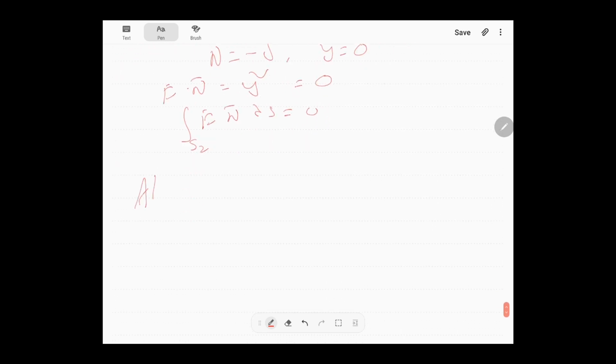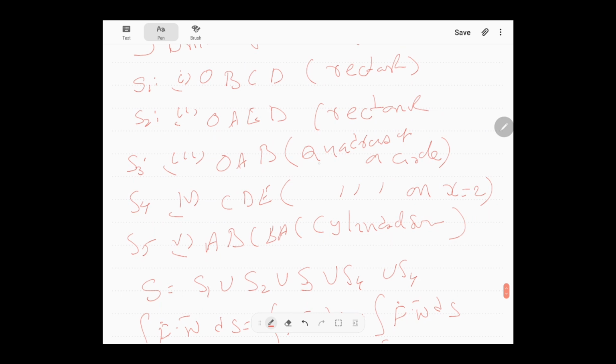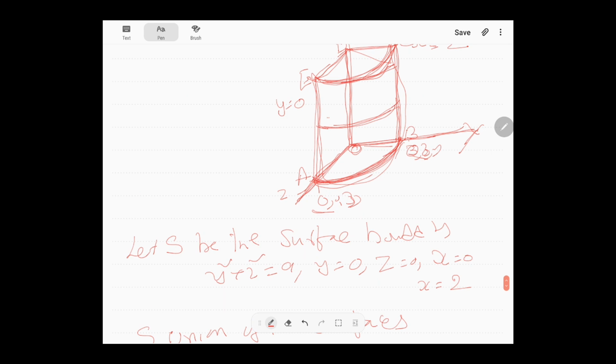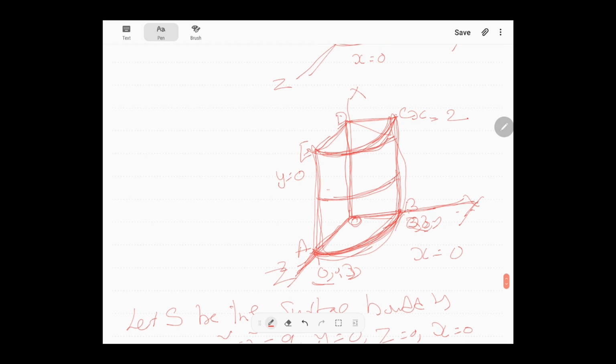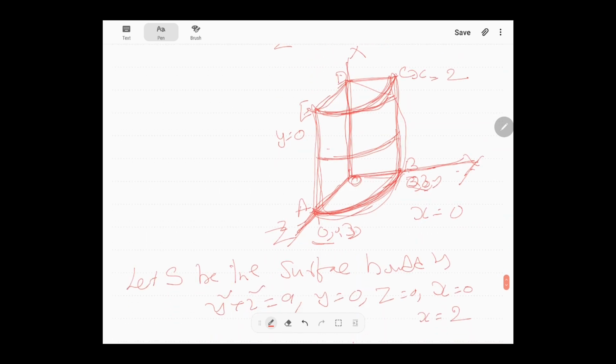And next is along S3. What is my S3? S3 is OAB, quadrant of the circle on the YZ plane. On the YZ plane, X value is 0. Outward normal vector is along the x-axis. This is i bar, but it is inside. Outward is below. Minus i bar is the n bar.